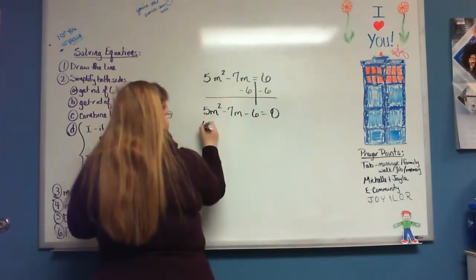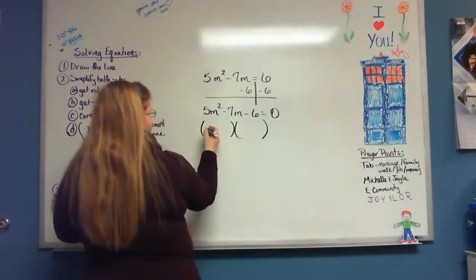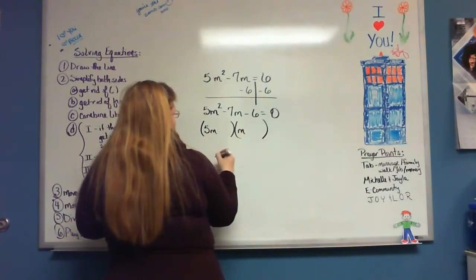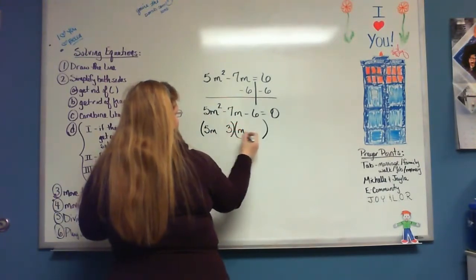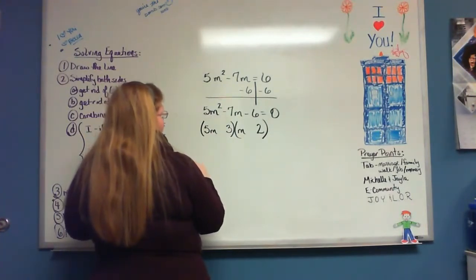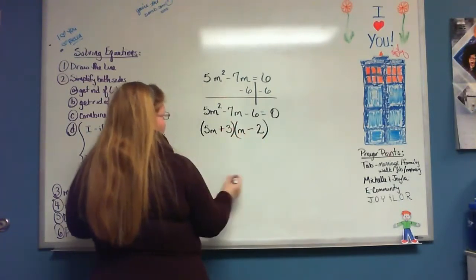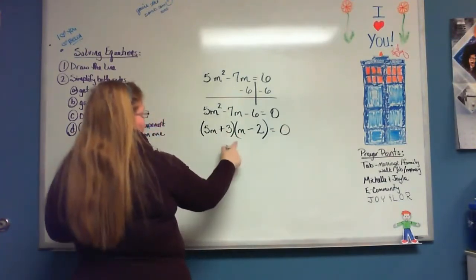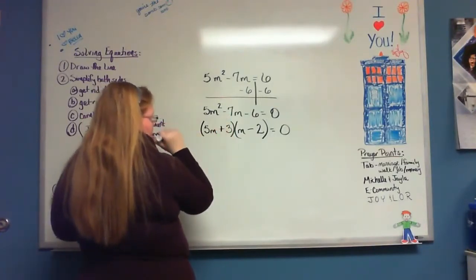Now I've got to factor. 5 is my leading coefficient. I'm going to say 3 and 2. And because I already know, because I'm fast like that in my head, it goes like that. It gives you a positive 3m and a negative 10m, which is how you get your negative 7m.